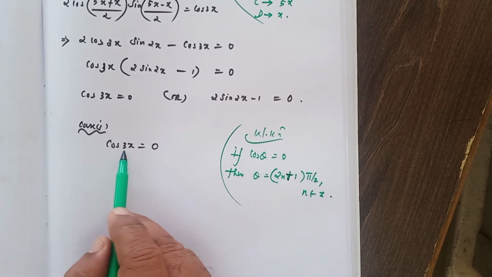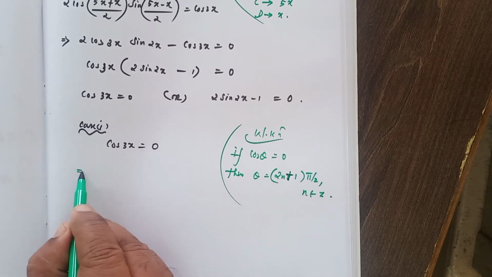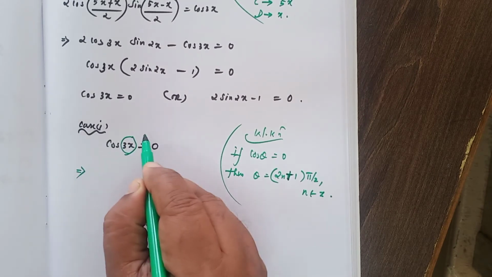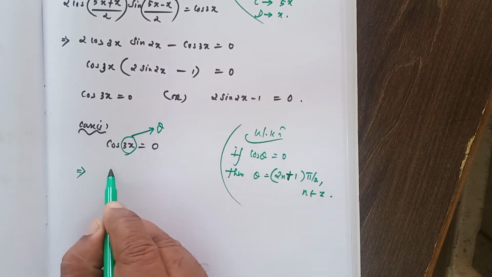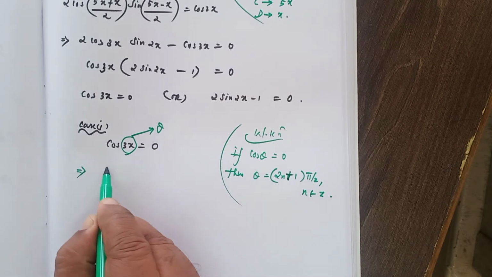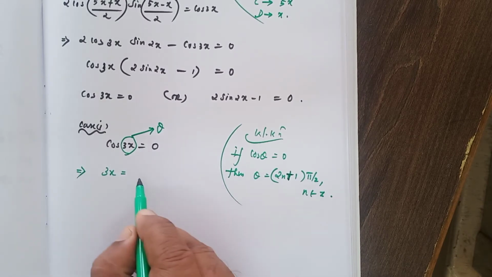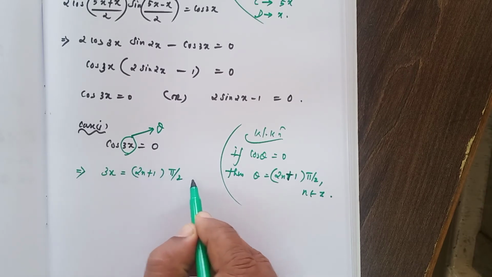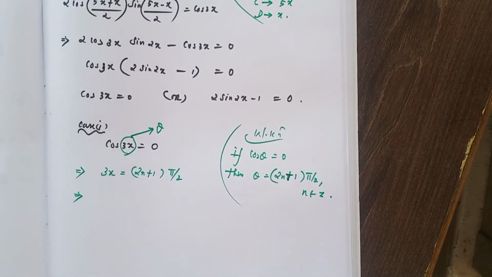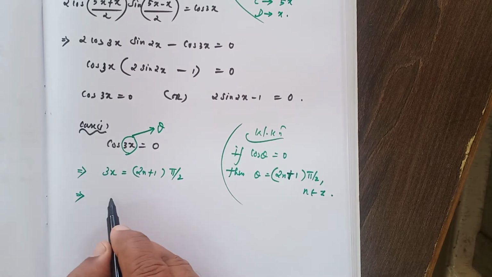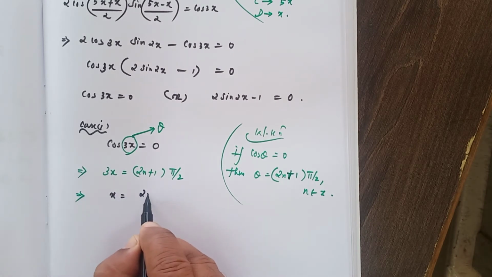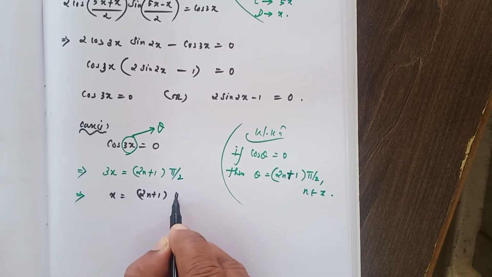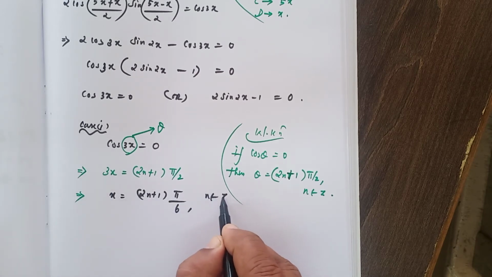So instead of theta we have 3x, which implies 3x equals (2n plus 1) into pi by 2. We need x. Therefore x equals (2n plus 1) into pi divided by 3 twos are 6. n belongs to integers. Case 1 over.